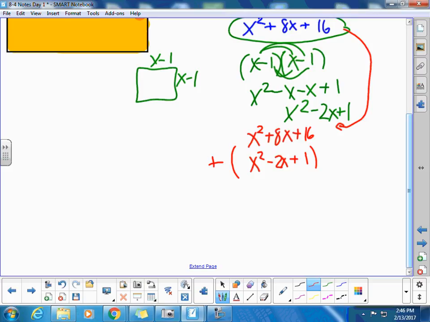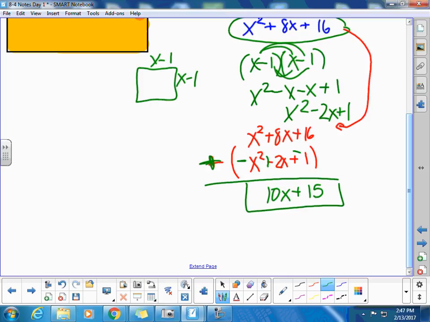So I'm going to change it to adding the opposite. So I'm going to change all of these signs because that's distributing that negative. So x squared minus x squareds are gone. 8x plus 2x is 10x. And 16 plus negative 1 or minus 1 is plus 15. So that would be the area that's shaded.